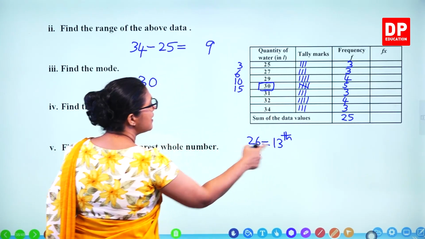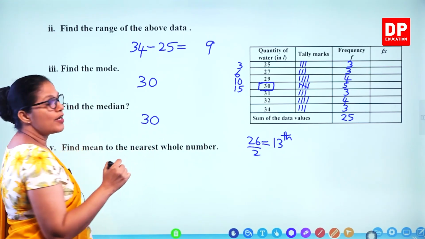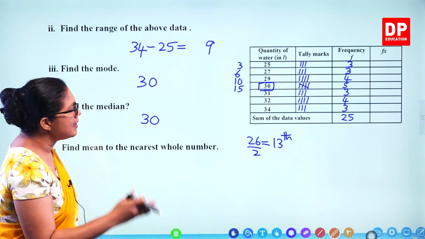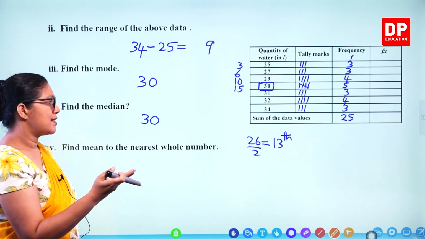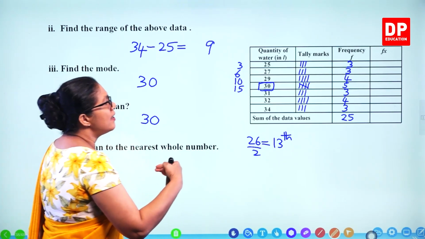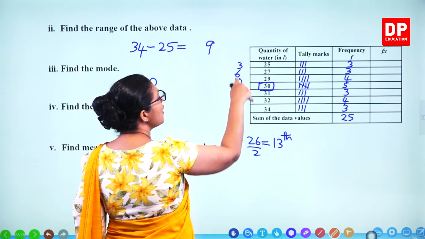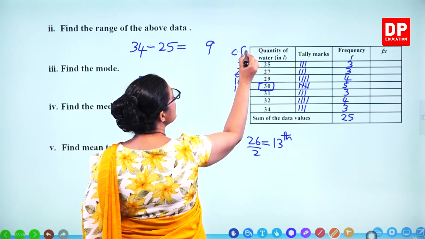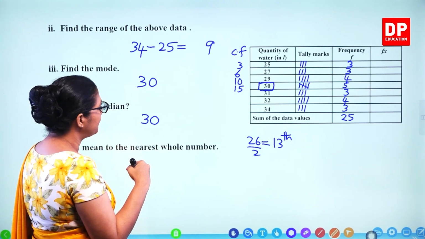So that means the 13th one is also 30. When you arrange the data set, the middle term is 25 plus 1, 26, divided by 2, the 13th one. We can find out the 13th one by taking the cumulative frequencies. We are adding the frequencies downwards.